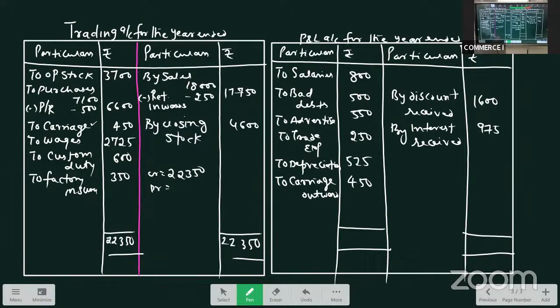See what is the total on the debit side? 14,425, I think. 14,425 is the total on the debit side. So credit side minus debit side, you take.